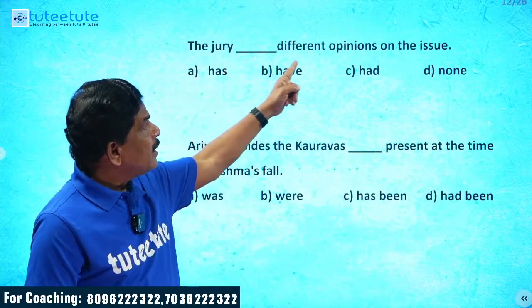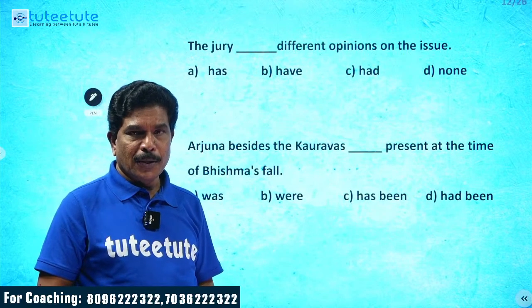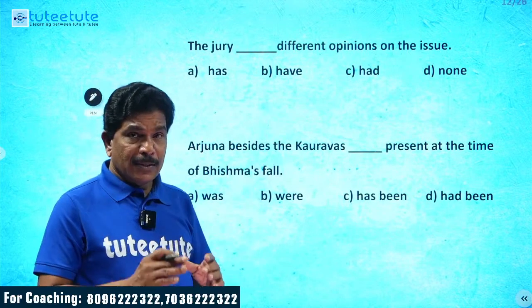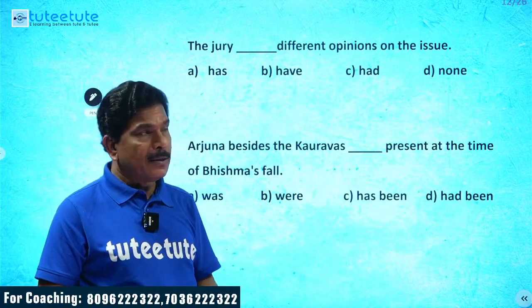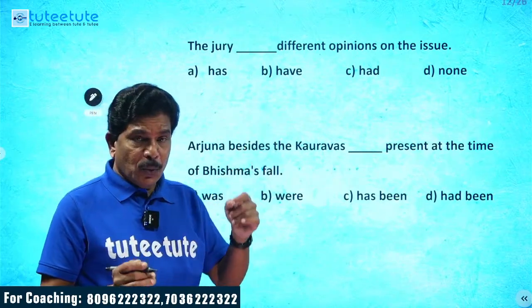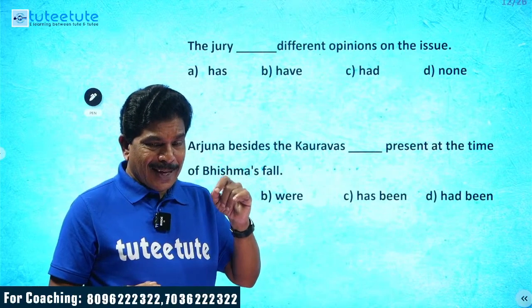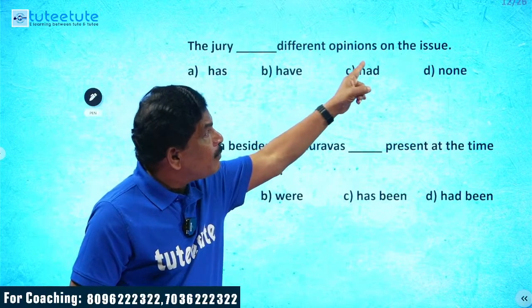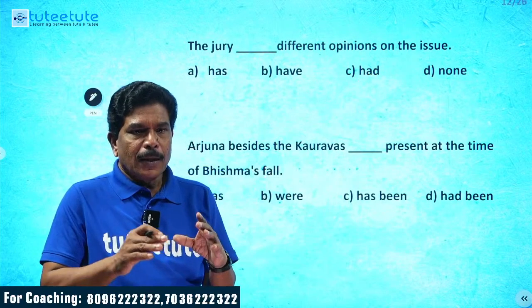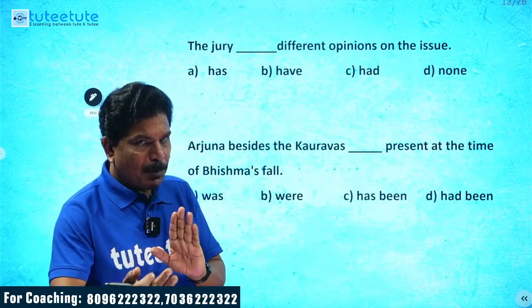Here, the jury dash different opinions on the issue. It is very clear from the expression given here that the author is actually mentioning the people in the jury, because they have different opinions. He mentions the people.